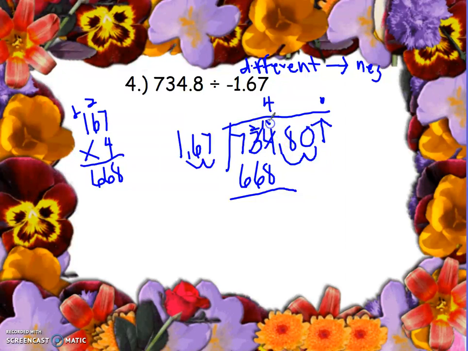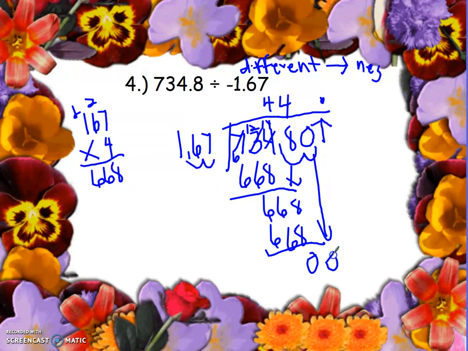We have 14 minus 8 will get me 6. I'm going to have to borrow again. 12 minus 6 is 6. Bring down the 8. Goes in there again 4 times. And lastly, 167 can't go into 0. So we have negative 440.